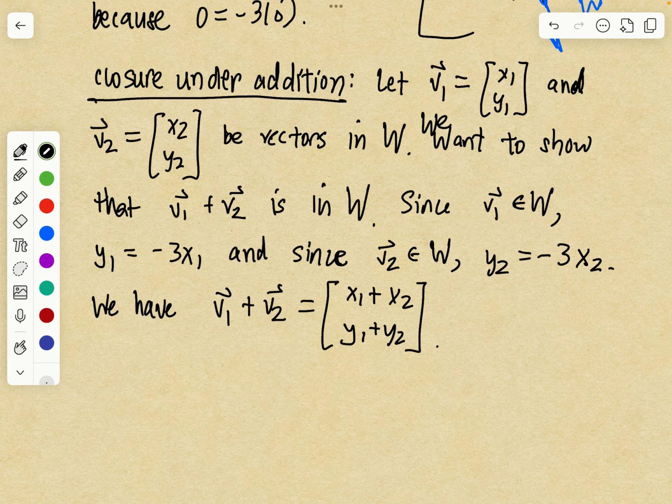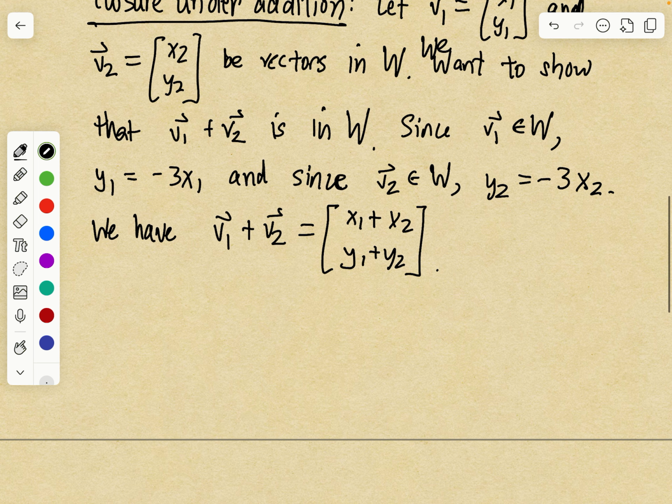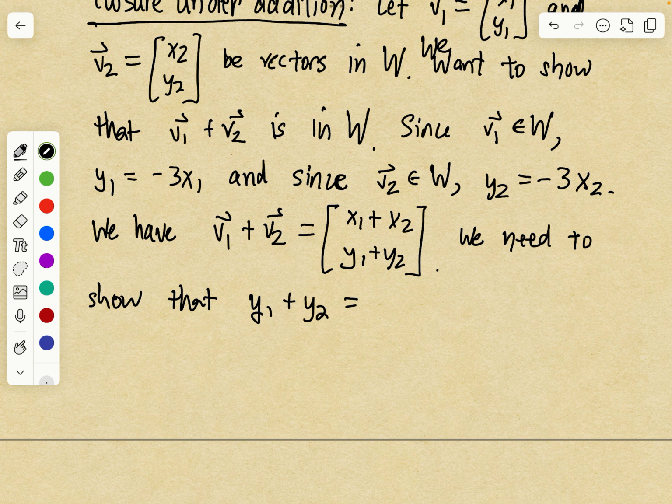What do you need to know in order to show that this vector is in W? We need to show that the second component is -3 times the first component. That's what a vector has to do in order to be in W. So we need to show that the second component, y1 plus y2, is equal to -3 times the first component.